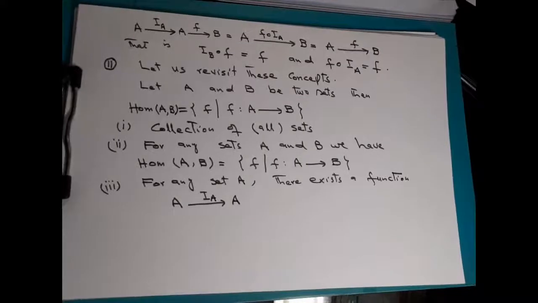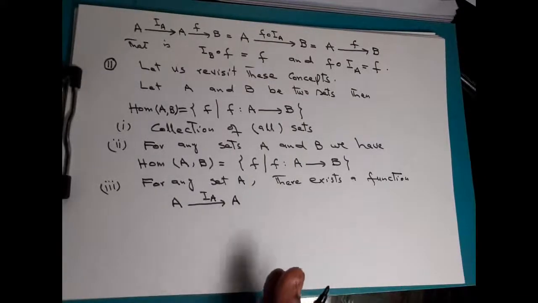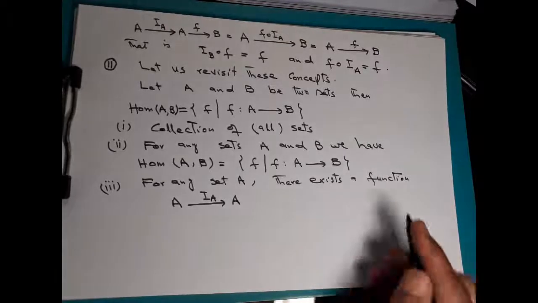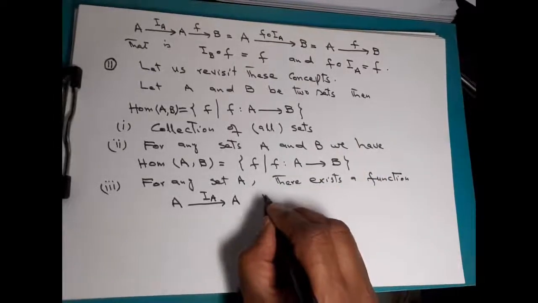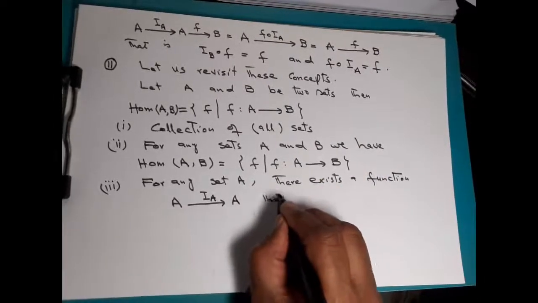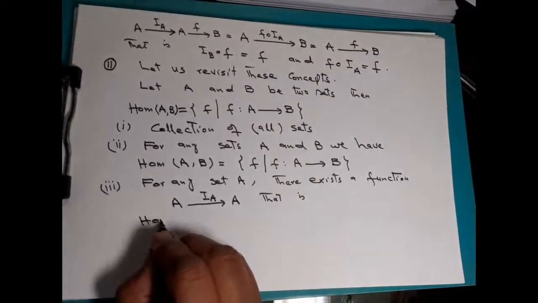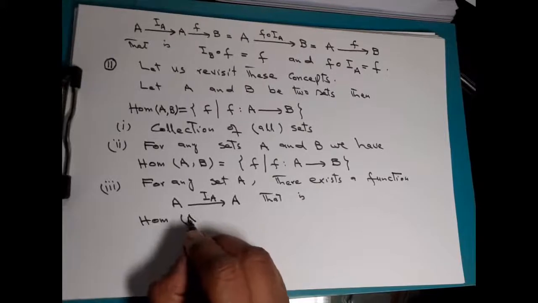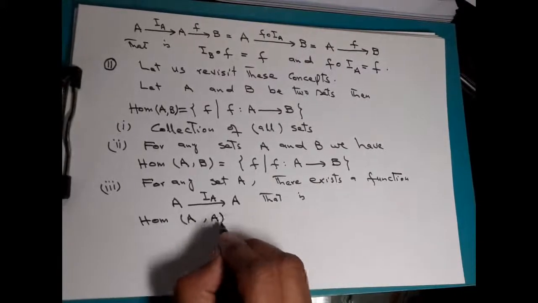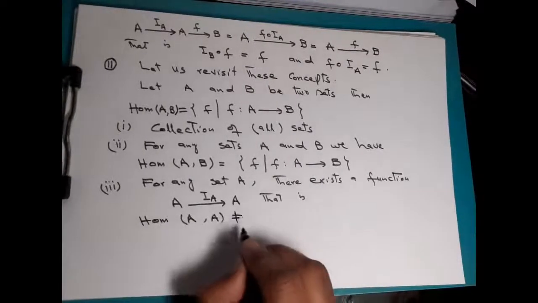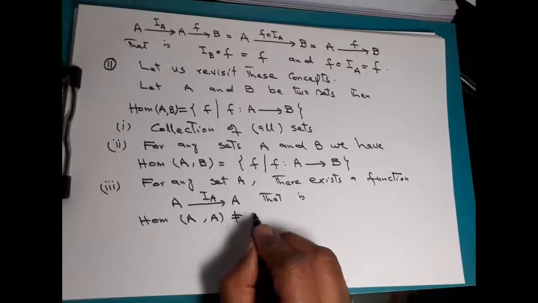So for any set A, there is always a function with domain A and codomain A. In fact, what we are saying is that home AA in general is not empty.